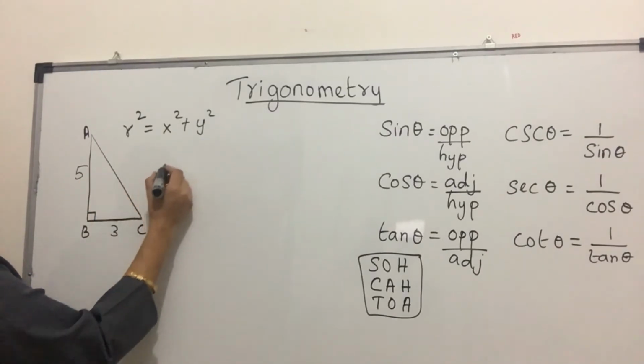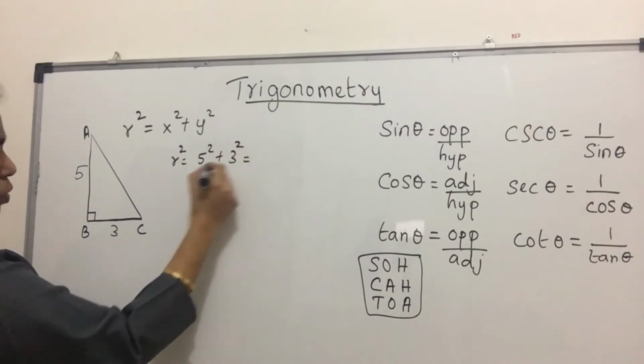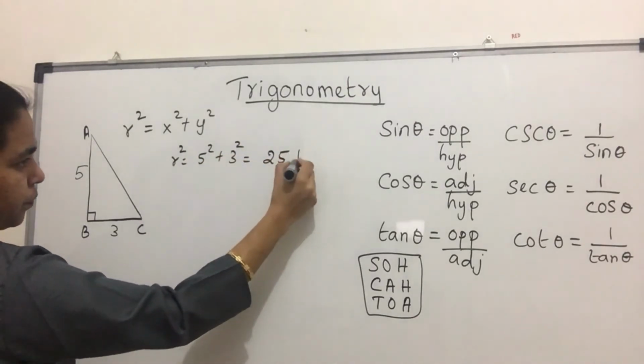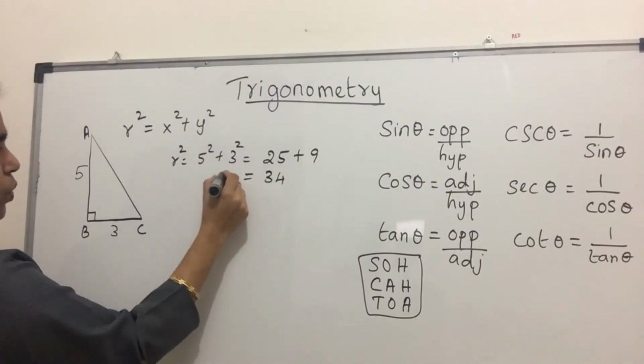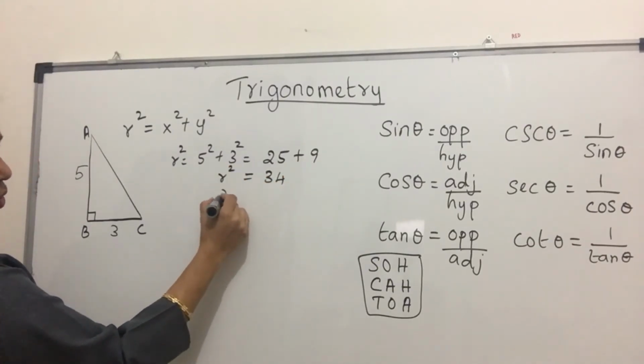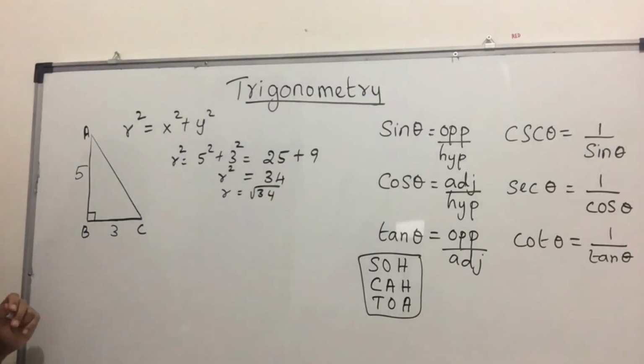So r square is equal to 5 square plus 3 square, which is 25 plus 9 equals 34. So r is equal to radical 34. 34 is not a perfect square, so you write it as it is.